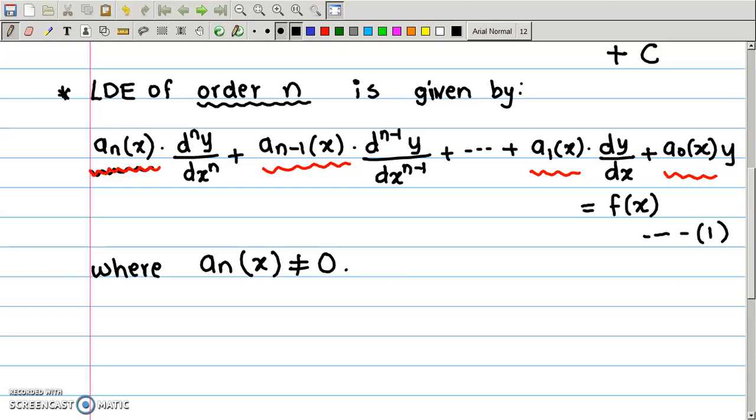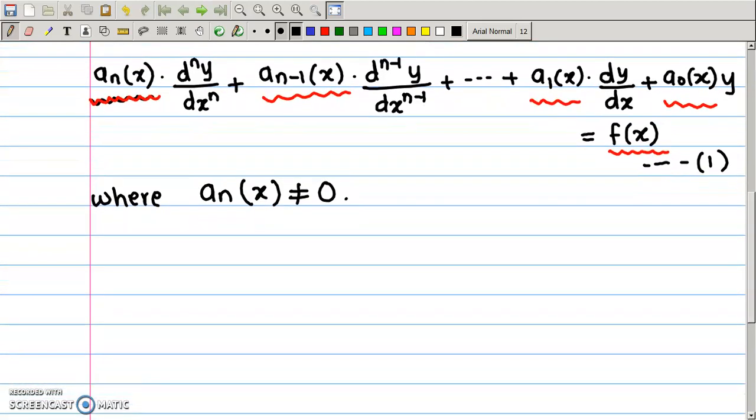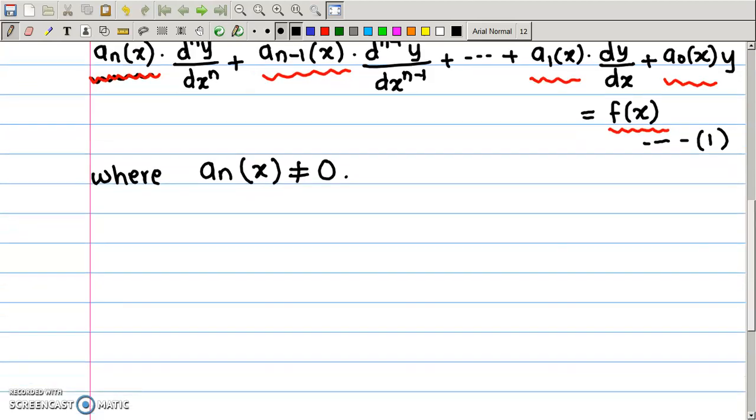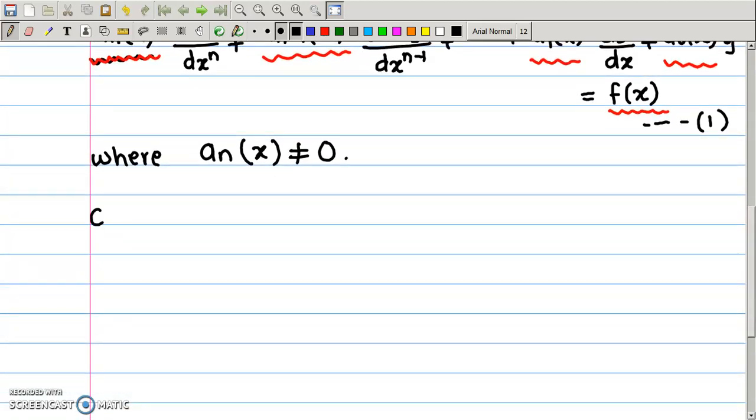So these are the differential coefficients in the differential equation and the function present on the right hand side. So these are two important components which will impact the general solution of any linear differential equation. So the classification of linear differential equation can be done with respect to these two components.